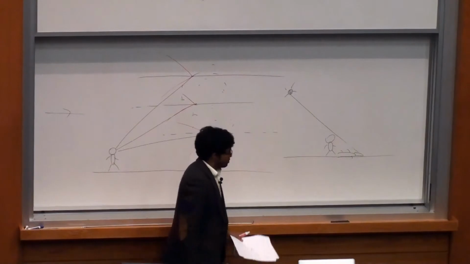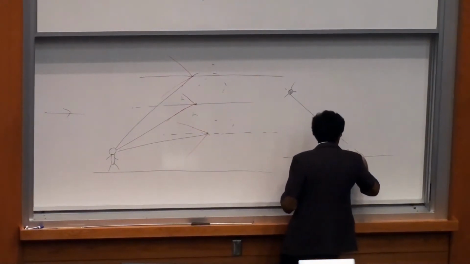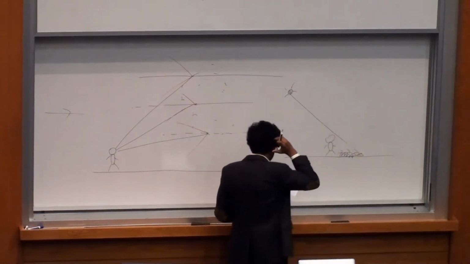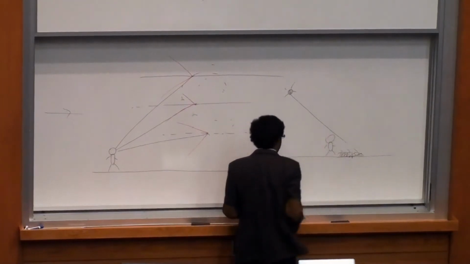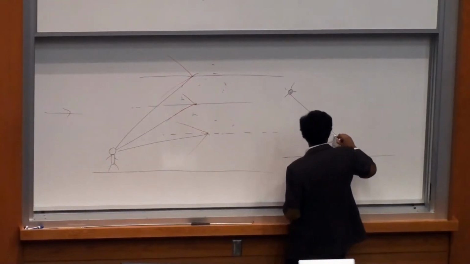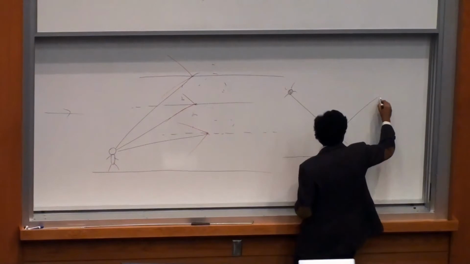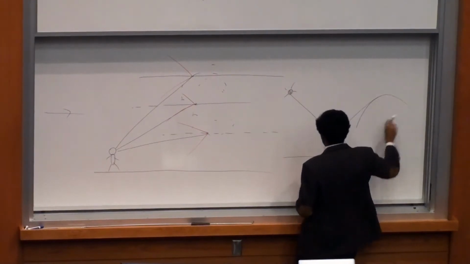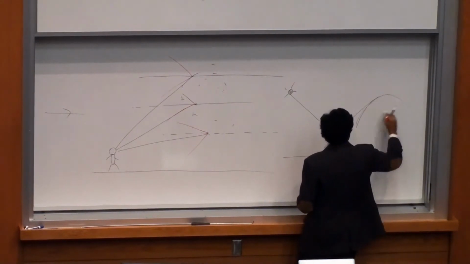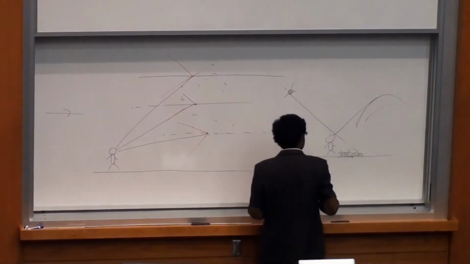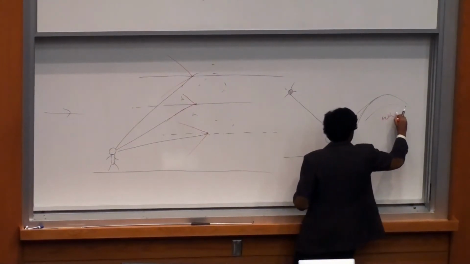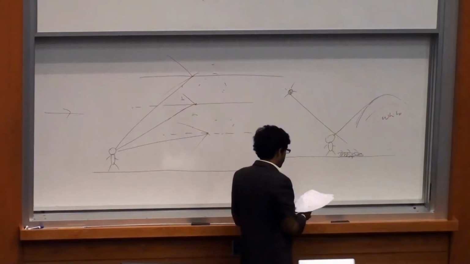My drawings are horrible, but there's your shadow, and here's my line of reference. Let's say I'm looking somewhere over here and I see a rainbow, and of course here I have white light. So I'm looking at that rainbow.